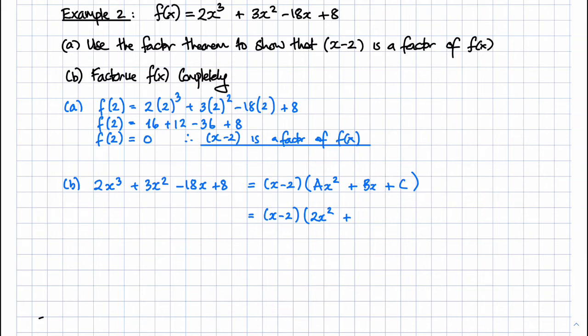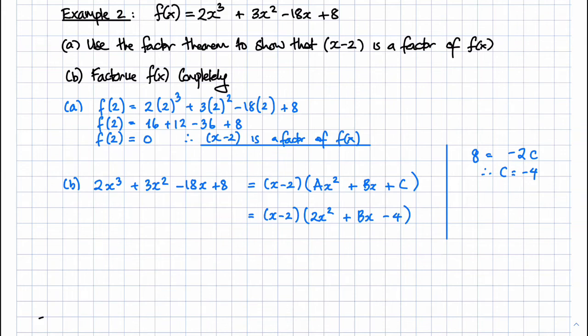Let's just jot that down. So 8 is equal to minus 2c. So in this case, we know that c must be equal to minus 4. So this is going to become 2x squared plus bx minus 4.